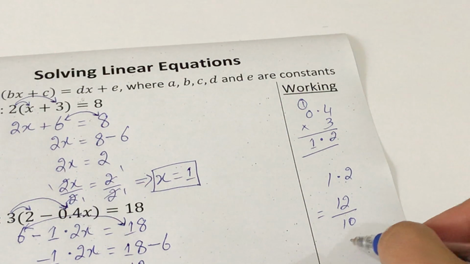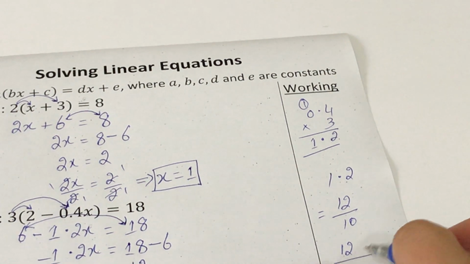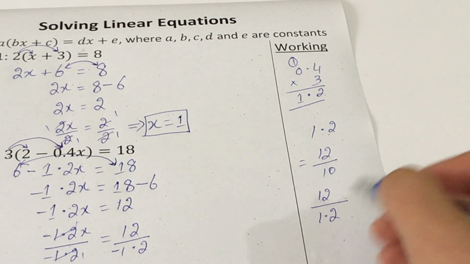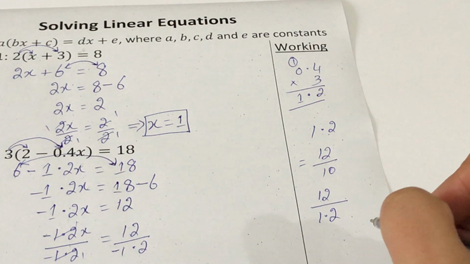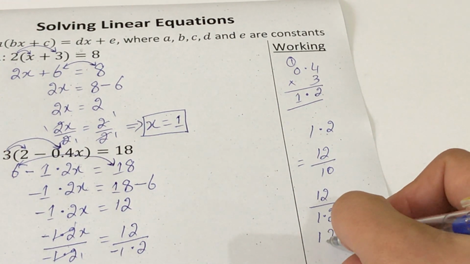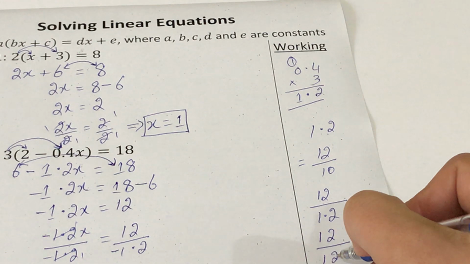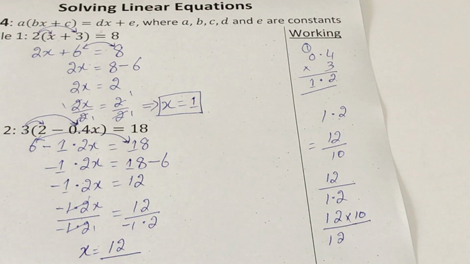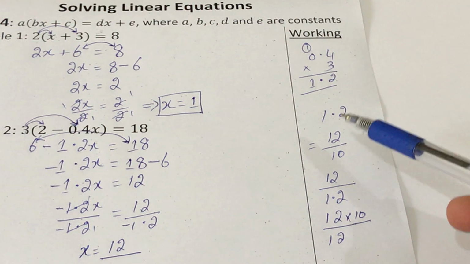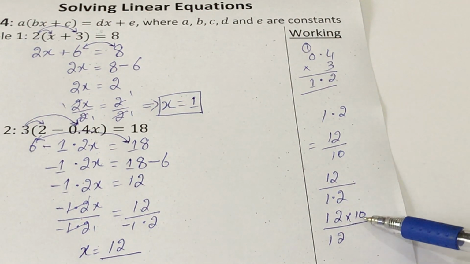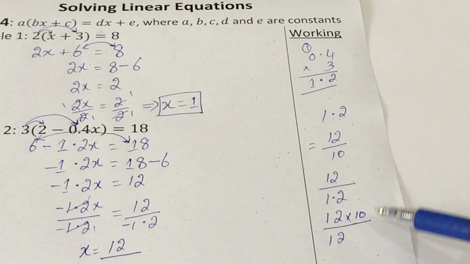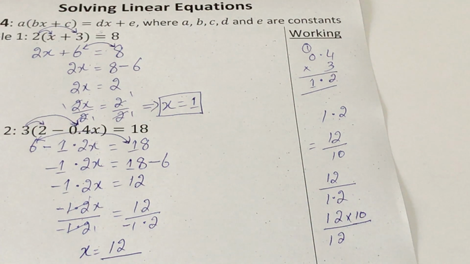But when your decimal number is in the denominator, and you have to change this decimal number into a whole number, you will write that 10 on the opposite side, that would be in the numerator. When your number is in the numerator, you will write that 10 in the denominator, but when you have that decimal number in the denominator, you will write that 10 in the numerator.